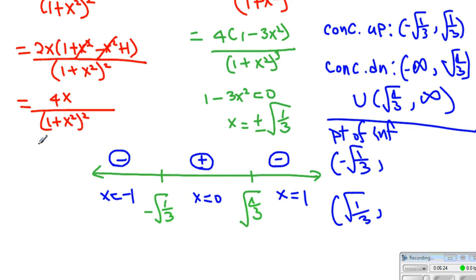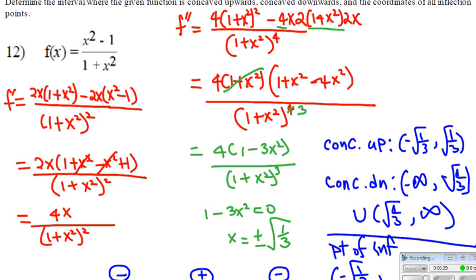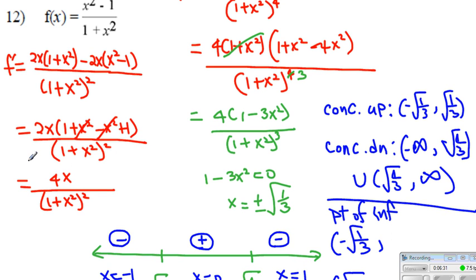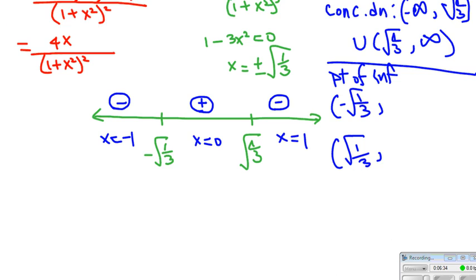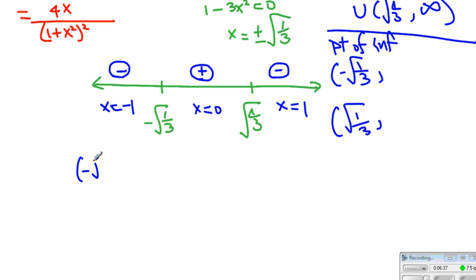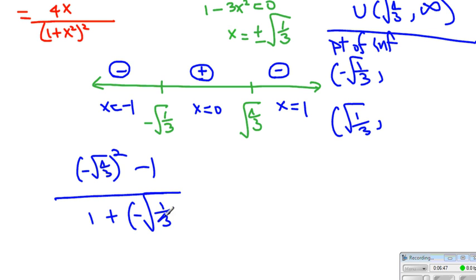But in order for you to find the y value, because that's what they're asking for regarding coordinates, once you plug in those values into here, for example, negative square root of 1/3 squared minus 1, over 1 plus negative square root of 1/3 squared, we end up getting 1/3 minus 1, and on the bottom 1 plus 1/3.